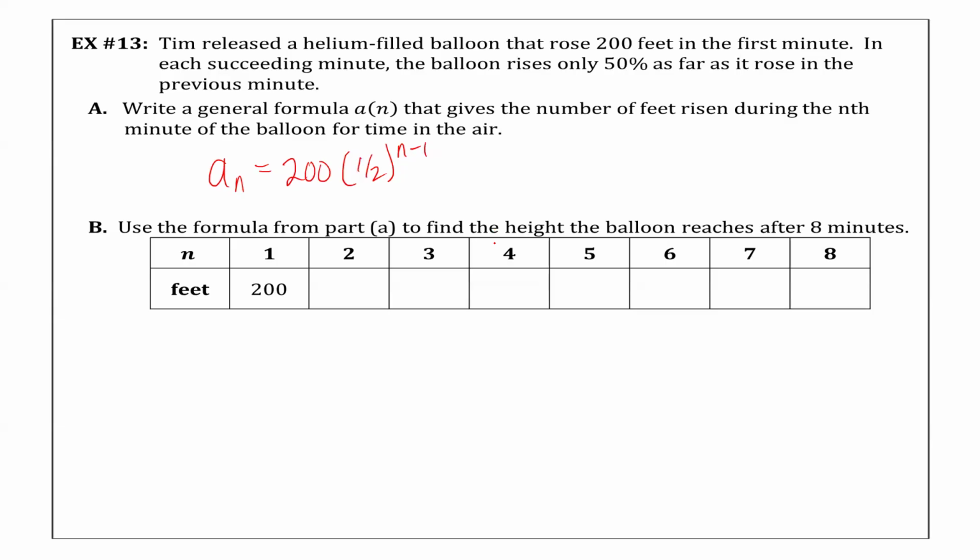Now we're going to fill in how far it has risen after how many minutes. After 1 minute, it's gone 200 feet. After 2 minutes, it's now gone another 100 feet. After 3 minutes, another 50 feet. After 4 minutes, another 25. After 5 minutes, another 12.5.